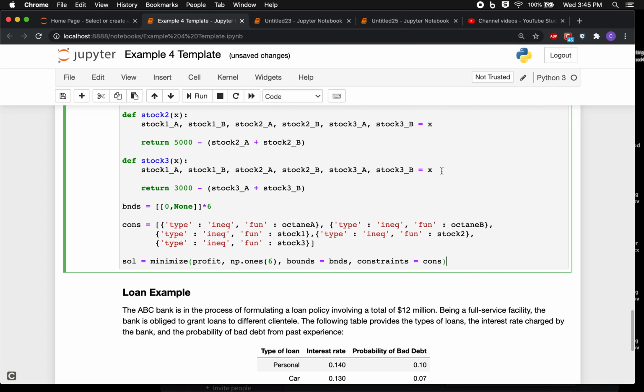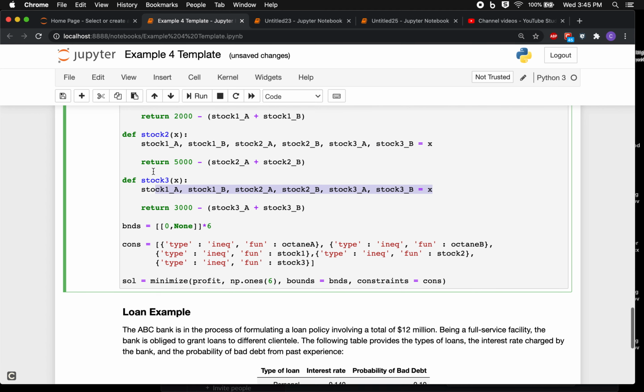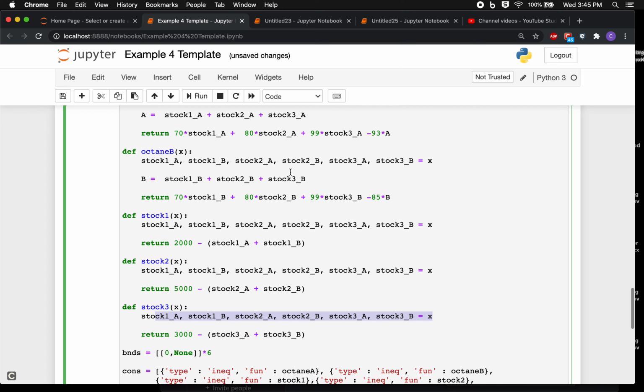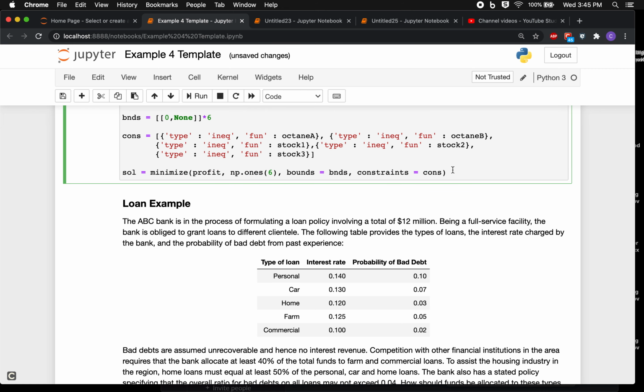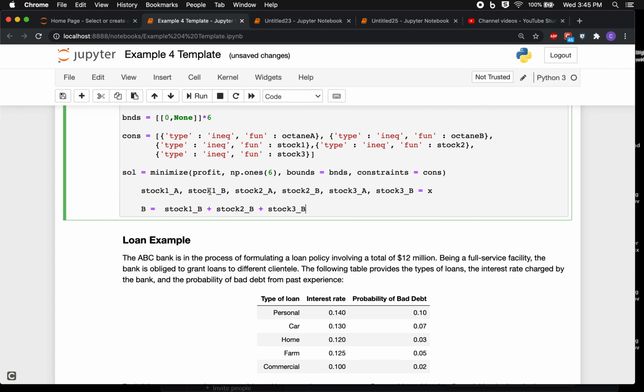And then I can unpack it. I'm going to grab this variable up here. If I want to unpack it, I can just say all these different variables are equal to sol.x.